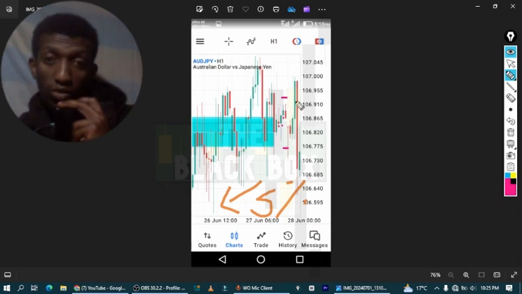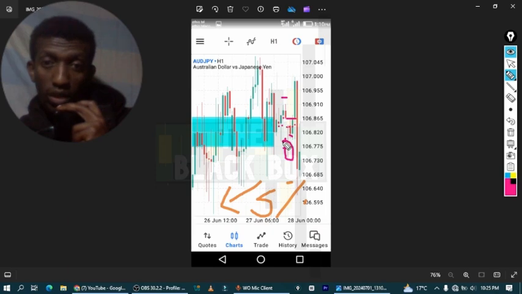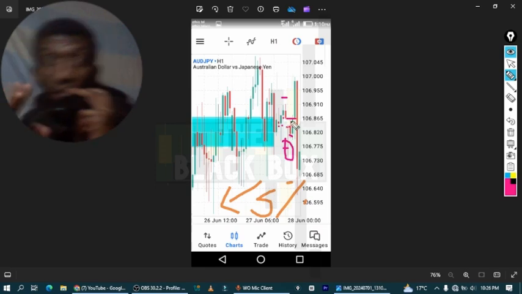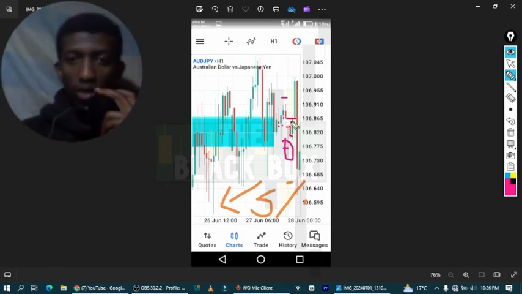But on the way, it made another black box. 1, 2, 3, then the fourth. So now I'm going to consider this 3. Not this doji. This doji is nothing. Because I'm going to consider candles which are similar in shape. Which are they?